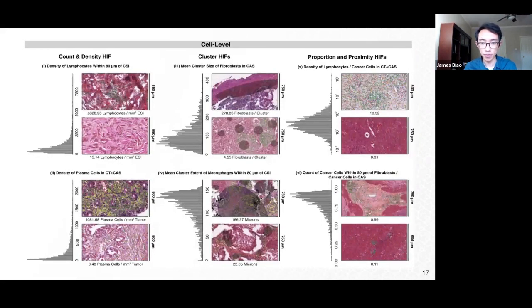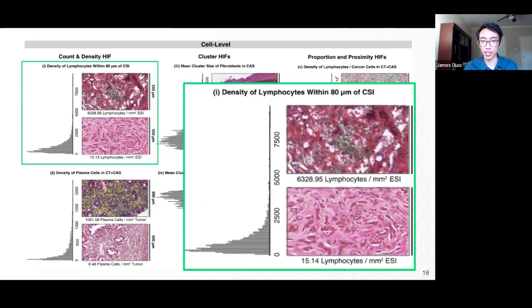And then for this plot, I won't go into everything, but I thought this was an interesting way of trying to wrap your head around what these features mean. So essentially, the left-hand side is this histogram of the feature. In this case, it's the density of lymphocytes within 80 microns of the cancer stroma interface.